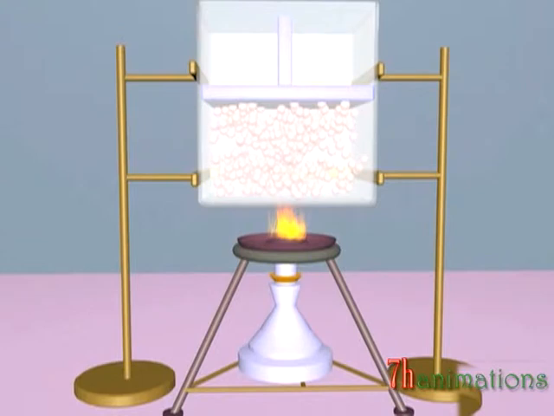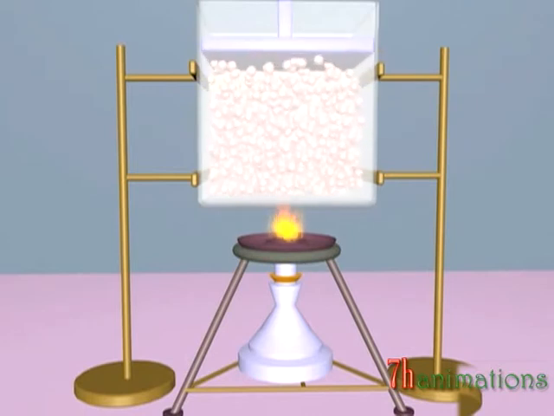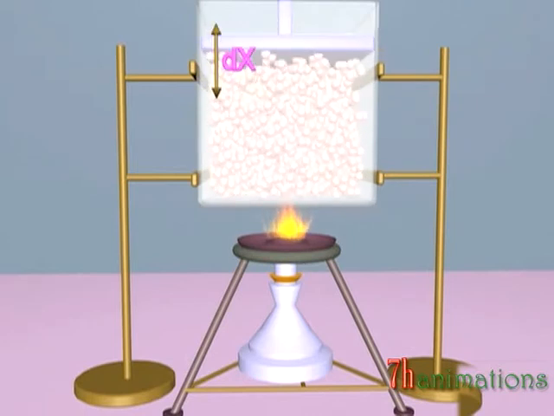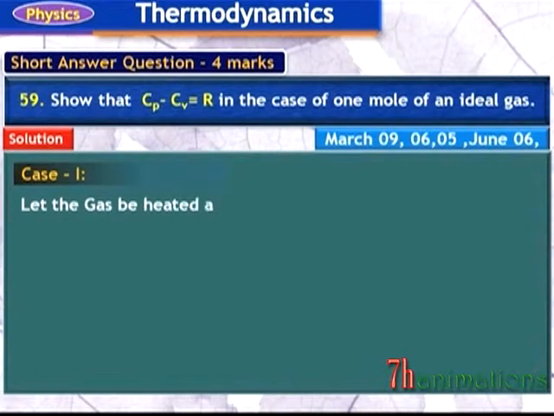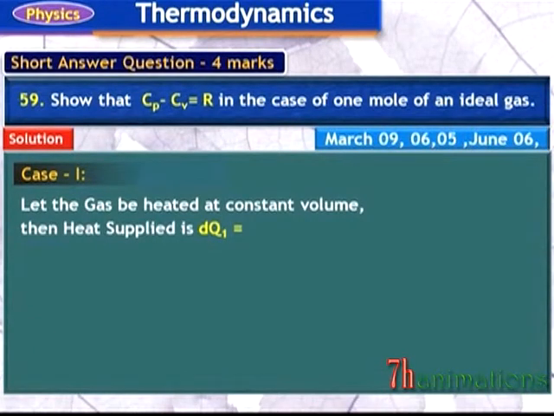When the gas is heated, it expands and the piston moves up a distance dx as we are seeing in the figure. Let the gas be heated at constant volume. When the volume is constant, what is the heat supplied to the gas? Let us consider this is dQ1 equals Cv dT.